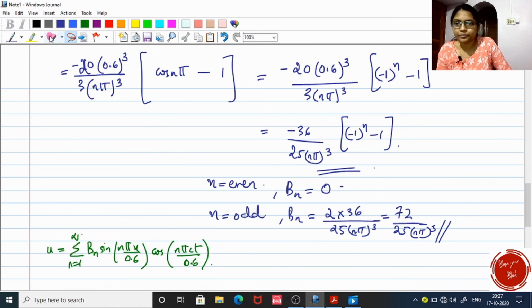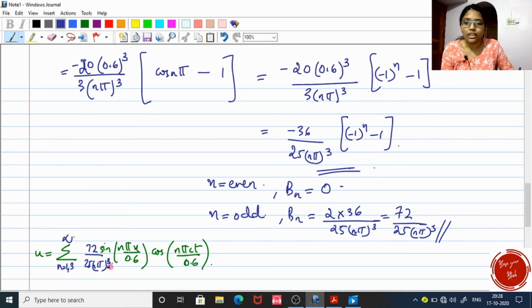Just clear this Bn and write this value: 72 by 25 n pi the whole cube, and remember we have n as only odd terms, isn't it? So it is n equal to odd, or you can even write n is equal to 1, 3, just specifying it as odd number. Okay, so this is our final displacement function.